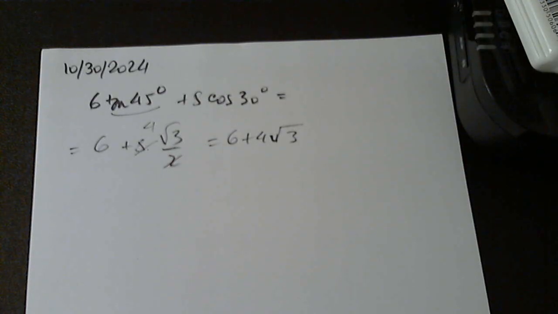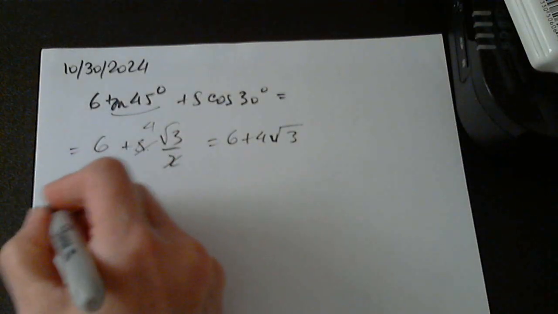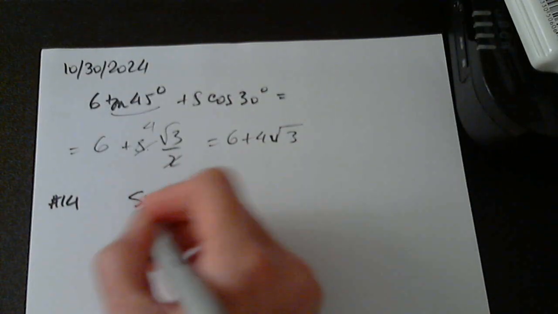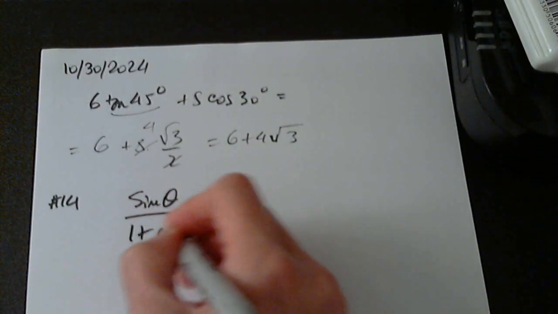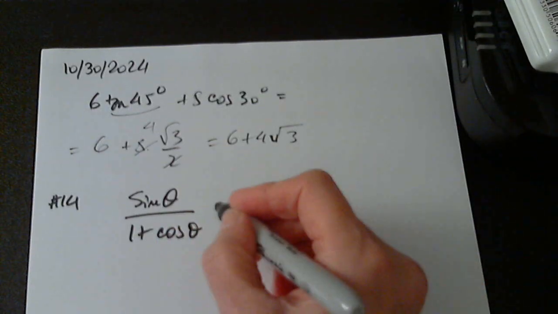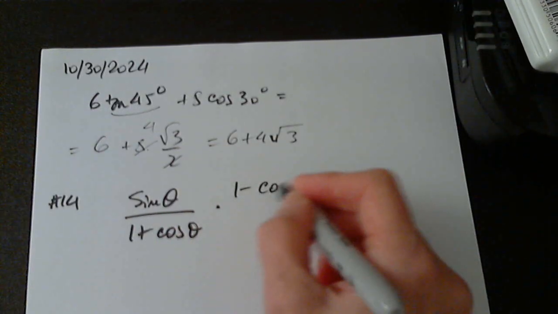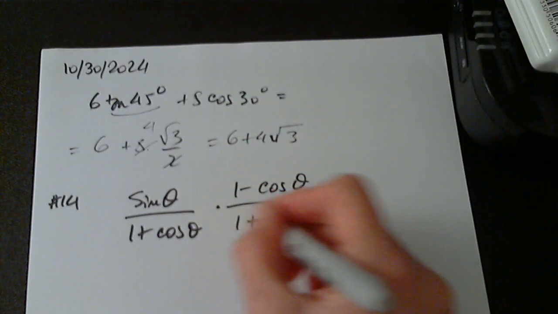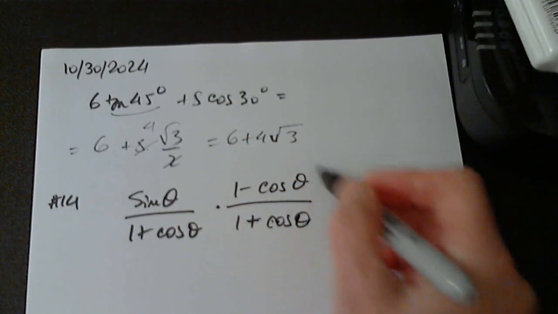In that case, let's start with 14. In 14, we are asked to multiply those two. So we have sine theta over 1 plus cosine theta. They want us to multiply top and bottom by 1 minus cosine theta over 1 minus cosine theta. This is 1.